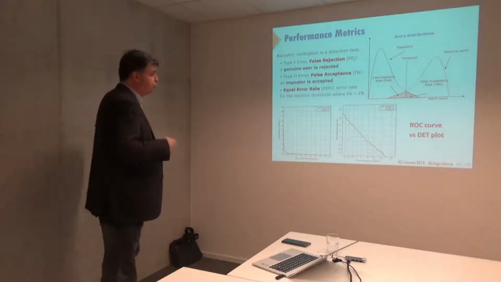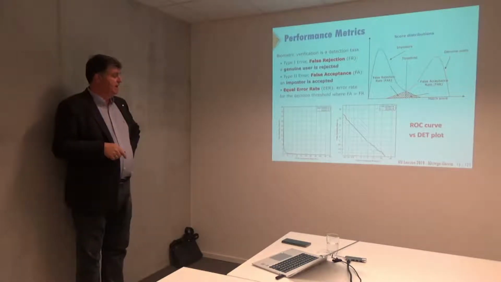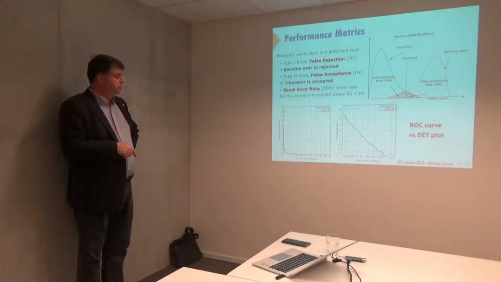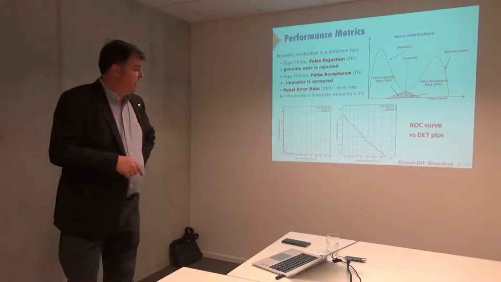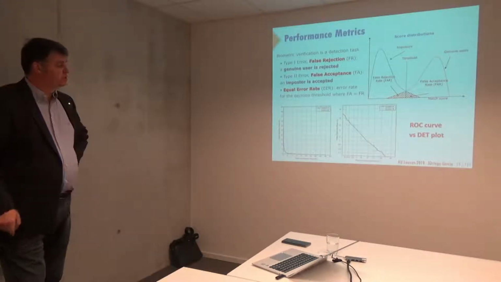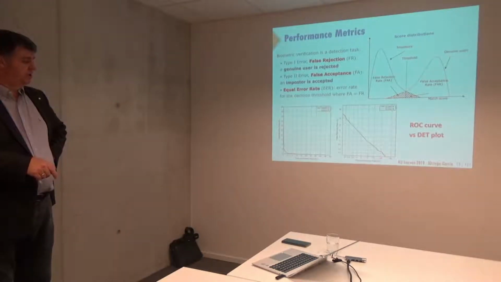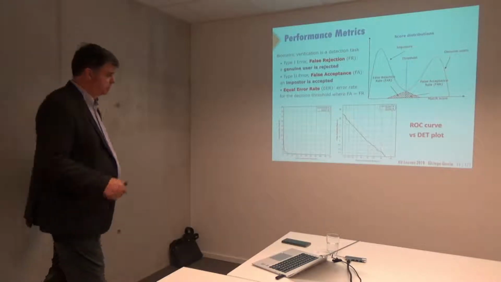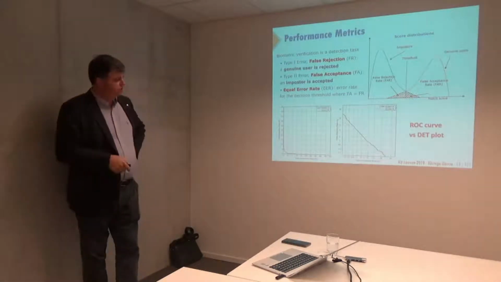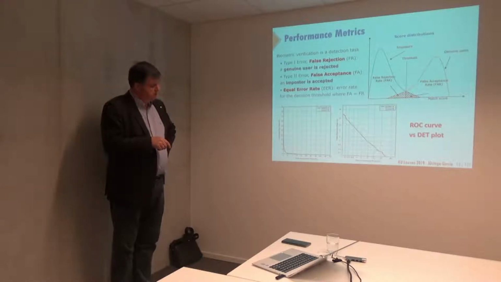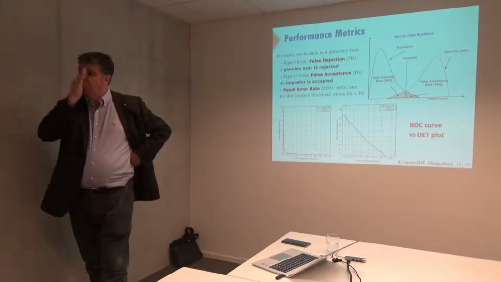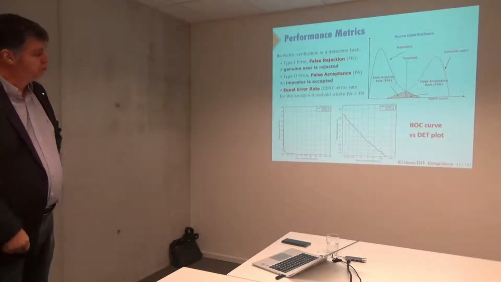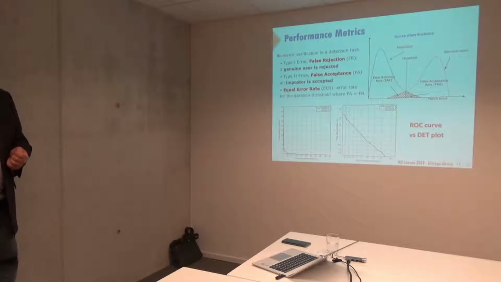And how do we express this? Normally in terms of ROC plots here, in which you have the type 1 error versus type 2 error. And normally we also use DET plots, in which, as you see, these are normal distribution scales. So the performance of the system for every single threshold you can put is expressed in terms of these plots.